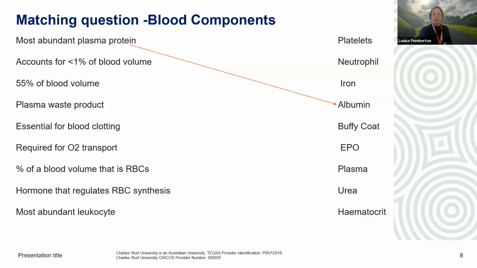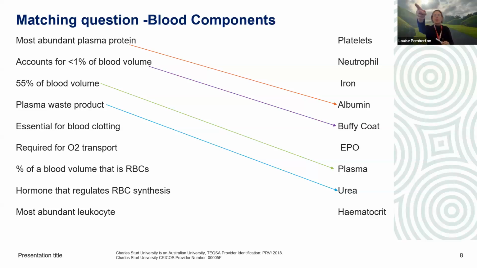Yes, Olivia. Buffy coat. So if you spin down a tube of blood, in the middle is the tiny little buffy coat that contains the white cells and the platelets, and it's very small. 55% of blood volume: plasma, yeah. Plasma waste product: urea, yeah.